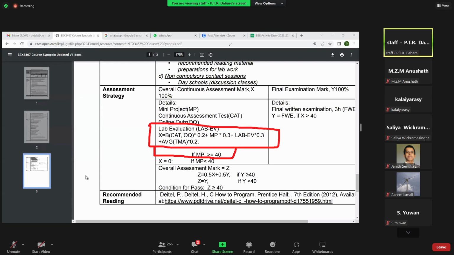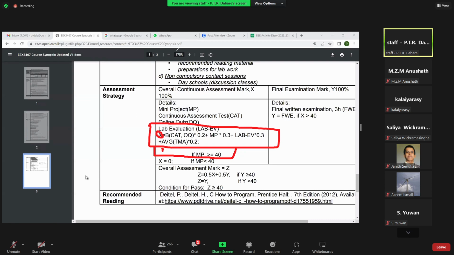If and only if your mini project is greater than or equal to 40, and your X value should also be greater than or equal to 40, then only will you be considered an eligible student.